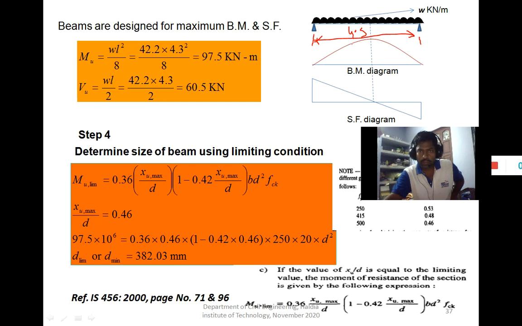Such a bending moment is a sagging bending moment, which means you have to apply the reinforcement at the bottom. Due to sagging, tensile stress is developed below the neutral axis, so apply the reinforcement at the bottom side.